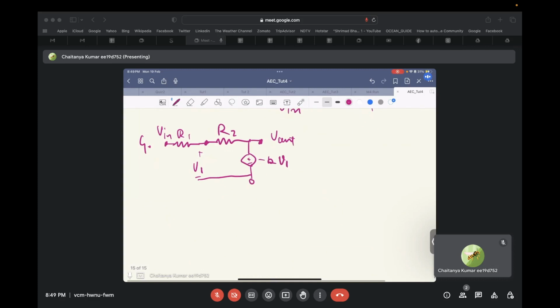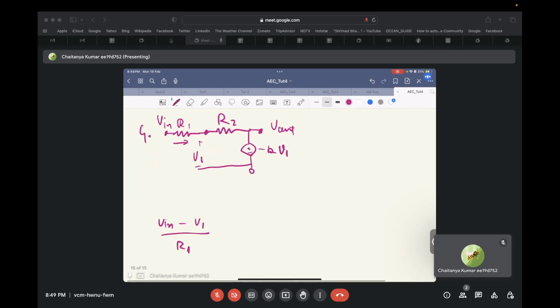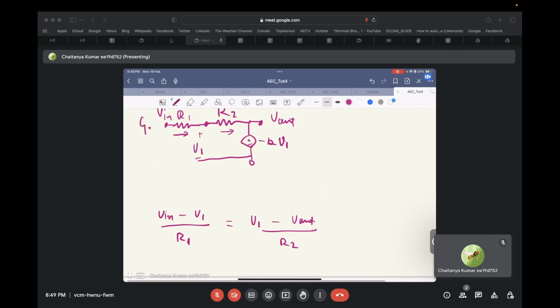Our current from this side is V in minus V1 by R1, and our current from this side is equal to V1 minus V out by R2.